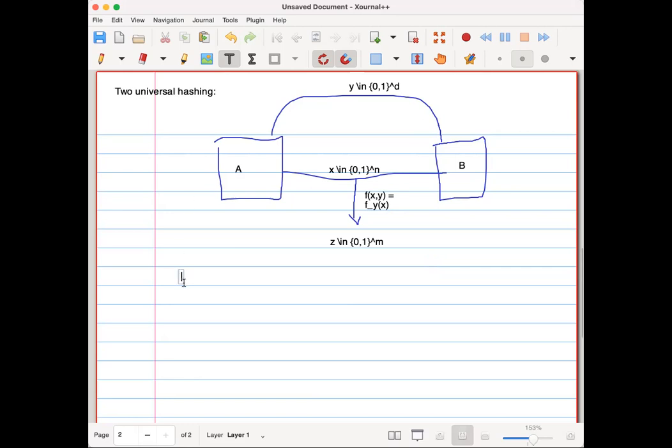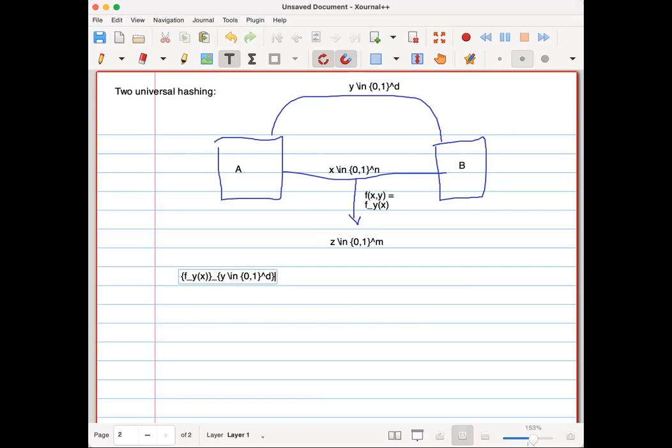Now let me define. I'm looking at a family of functions indexed by y, f subscript y, where y is a bit string of length d.